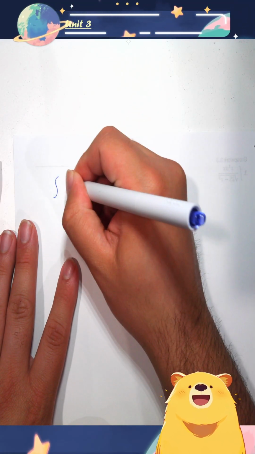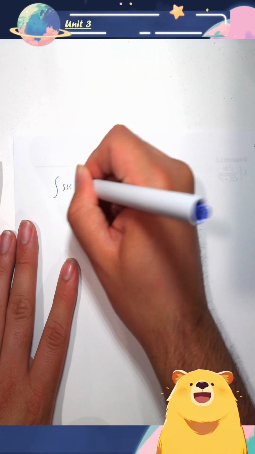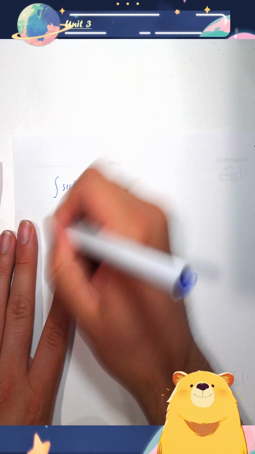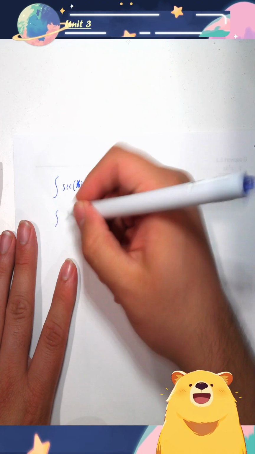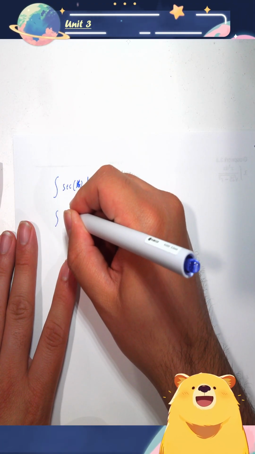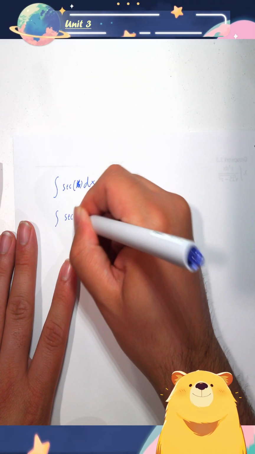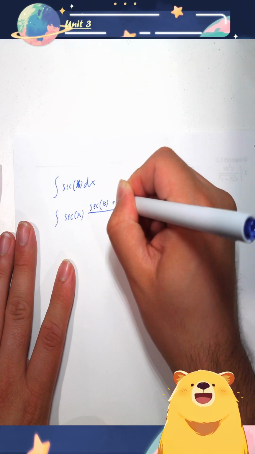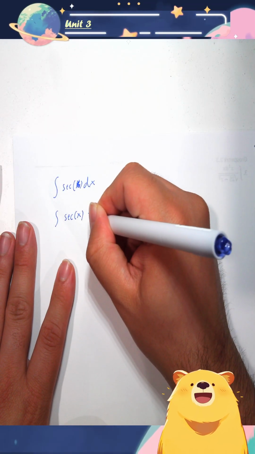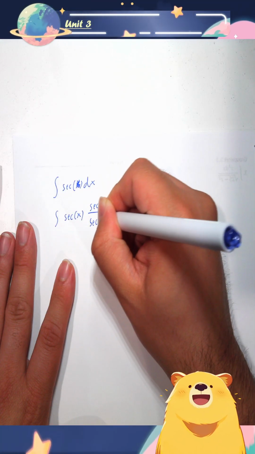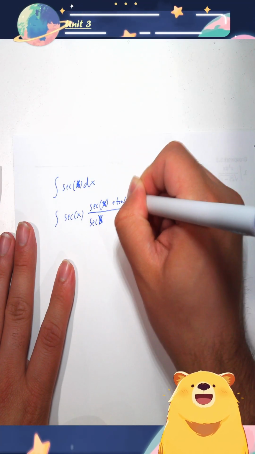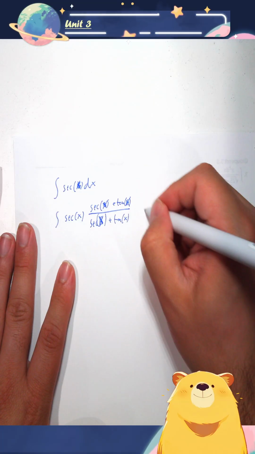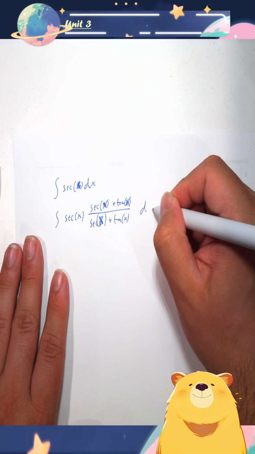So if I do an integral of secant of x with respect to x, then technically you can use a trick where you multiply and divide by the same term: secant x plus tangent x over secant x plus tangent x.